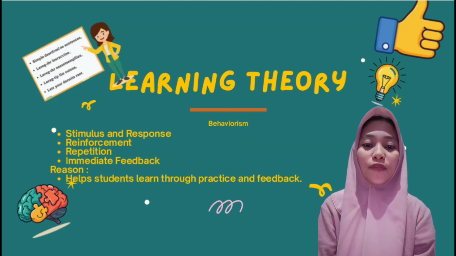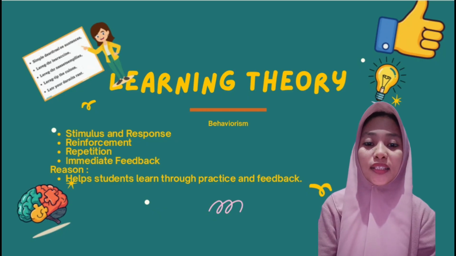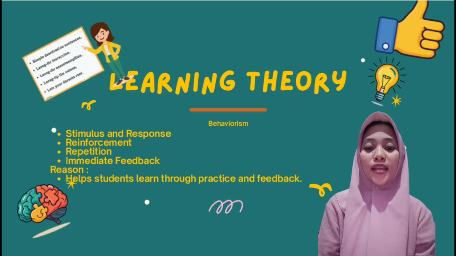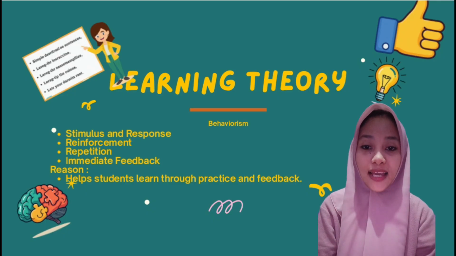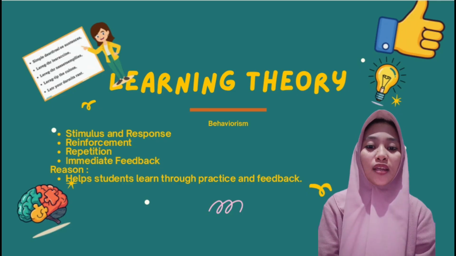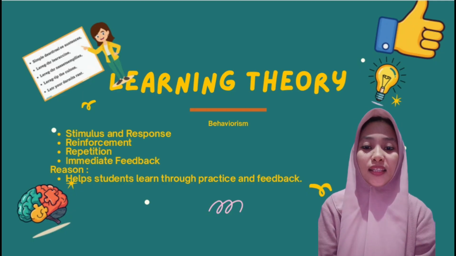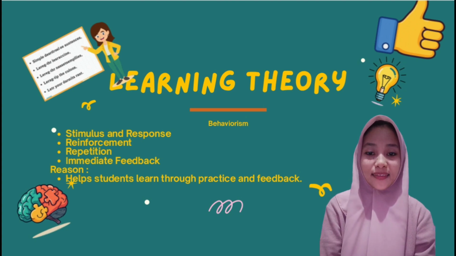Now, I will explain the learning theory used in this lesson. The learning theory I chose is behaviorism. Behaviorism emphasizes learning through stimulus and response, repetition, reinforcement, and immediate feedback. In this lesson, the teacher first gives an example of descriptive text.